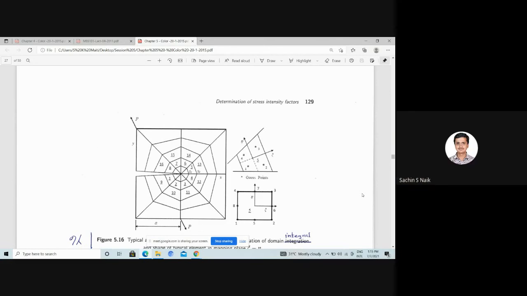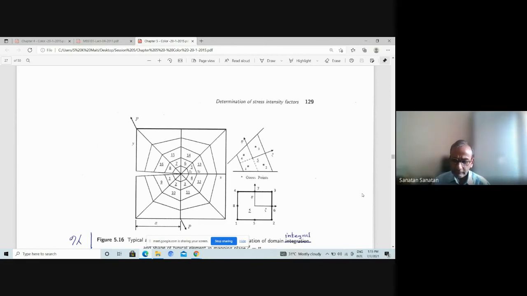Now, I will give you a simple case. Think of a rectangular body, a rectangular panel, and the crack is oriented at an angle to the horizontal direction. The panel is vertical, and it is an edge crack.